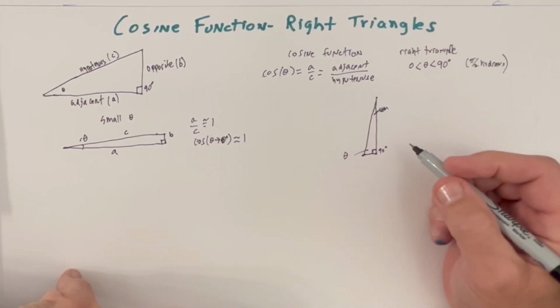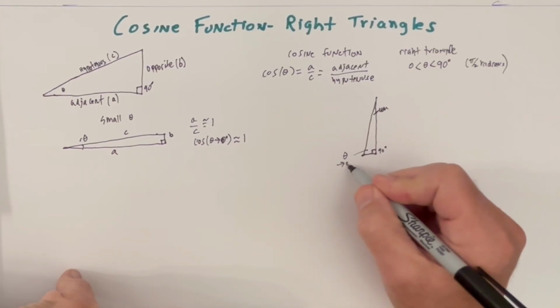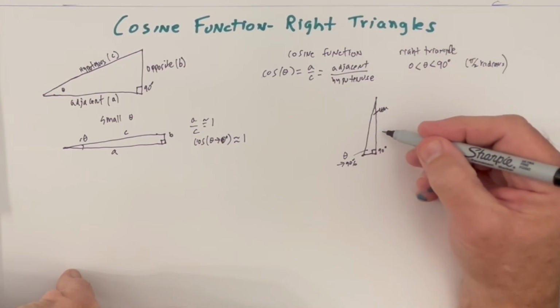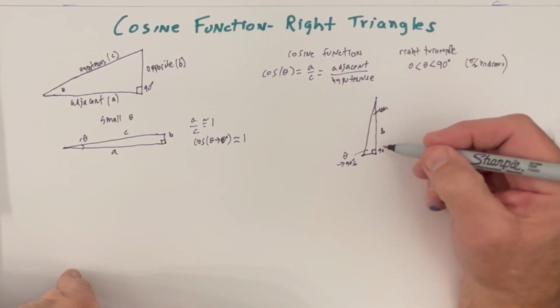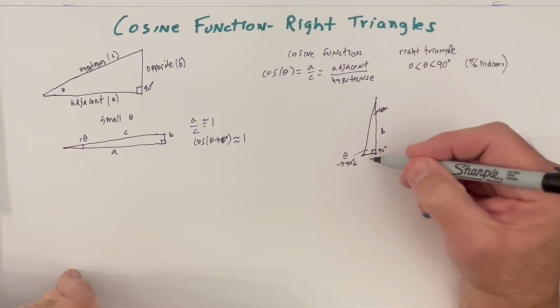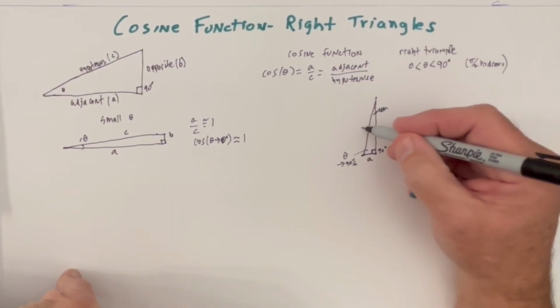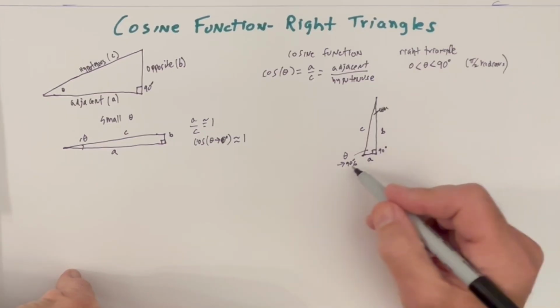And it's going to be very large. It's approaching 90 degrees. So it's going to be going to 90 degrees. Now there is the opposite, which is going to be B. The adjacent, which is going to be A. And then there's the hypotenuse C. So there's going to be our angles. Now this is when theta approaches 90 degrees.